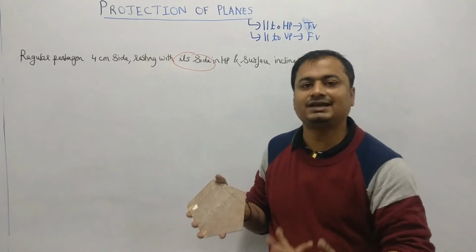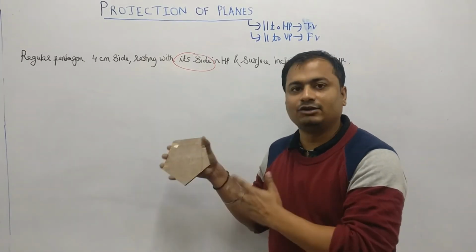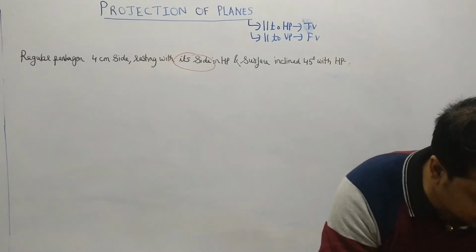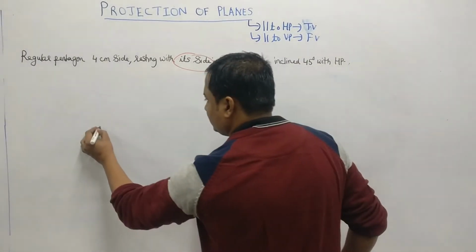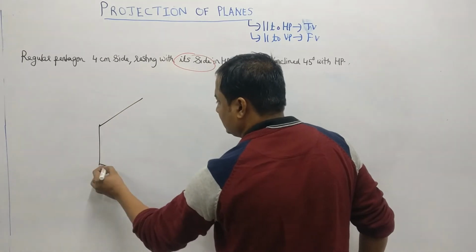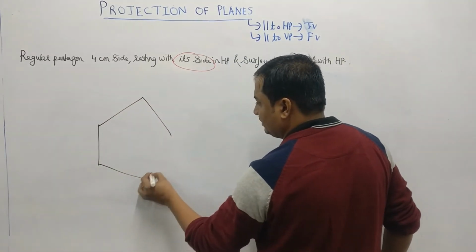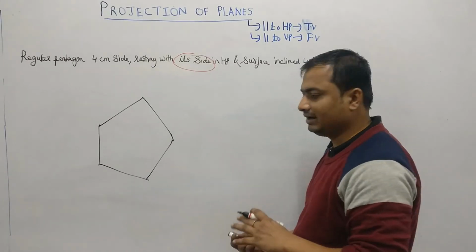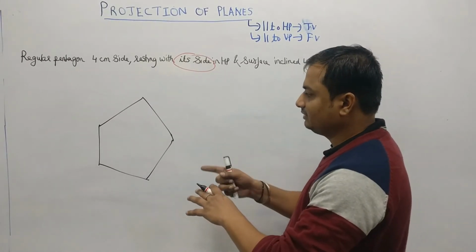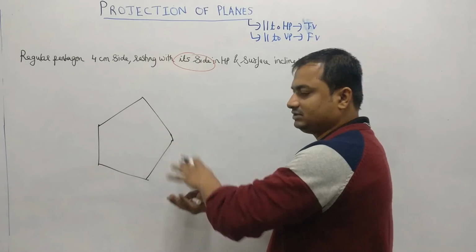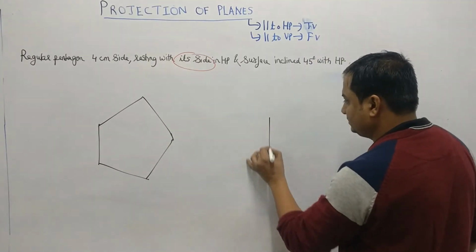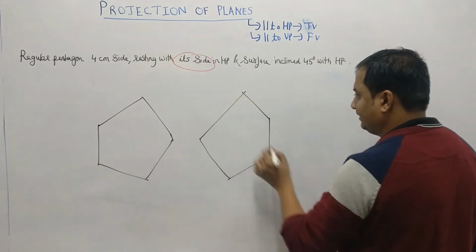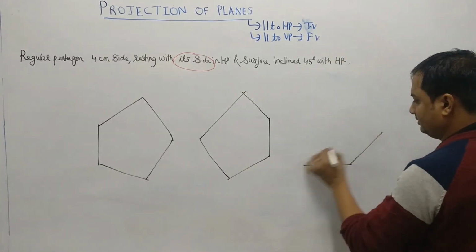So there are basically three cases for the starting of this pentagon. I will write here so that you can be very clear. This is the first case: you can start your pentagon with this shape by making it parallel. It can be of this shape, and the third is it can be of this shape.